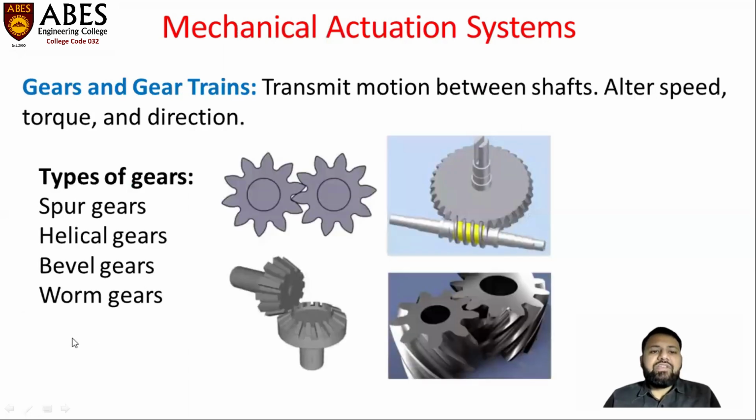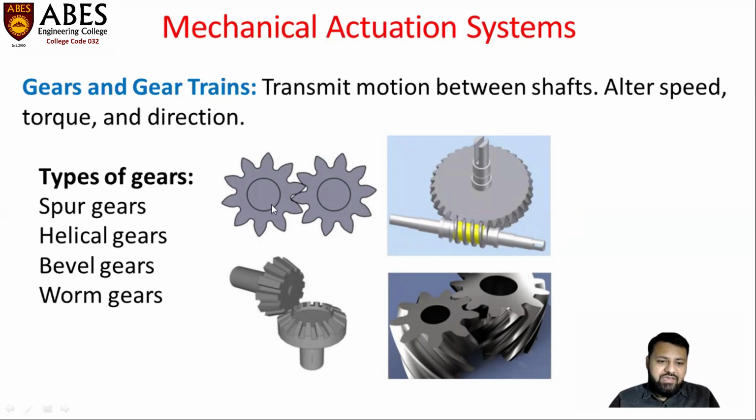Then gears and gear trains are there. Gear is a component known to everyone. I think everyone has seen this component, the gear mechanism. The function of the gear is basically to transmit motion between shafts, and it can also be used for altering the speed, torque, and direction. If we talk about the different kinds of gears, there is the spur gear, which is shown in the figure.